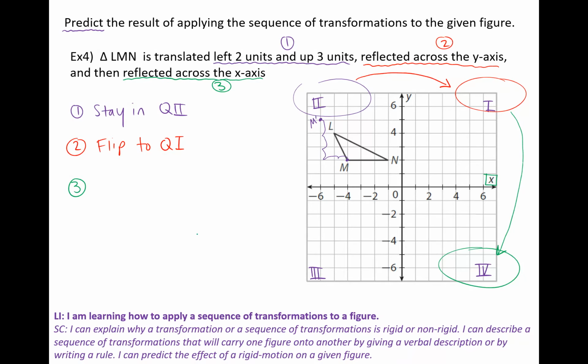So I'm going to say flip to quadrant 4. And so my final answer for my prediction, predict the result of applying the transformations, is that my figure is going to end in quadrant 4.